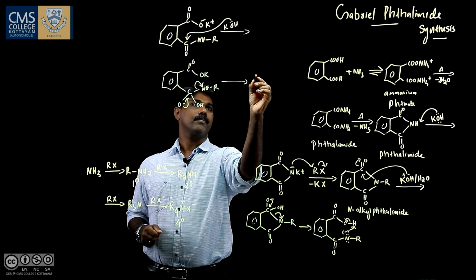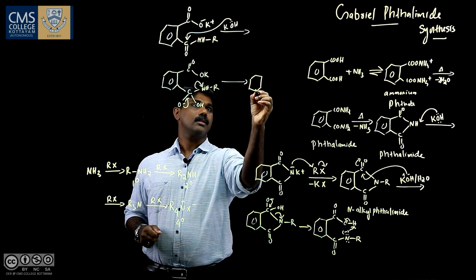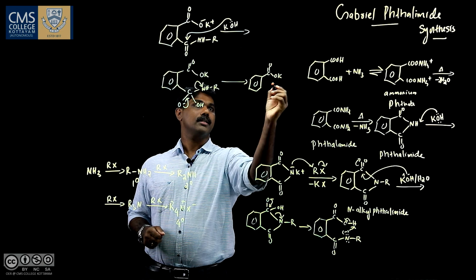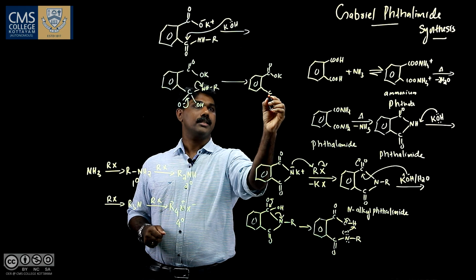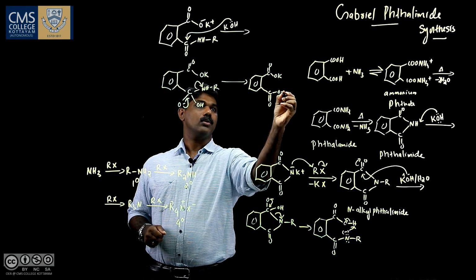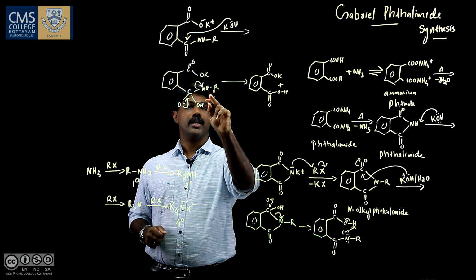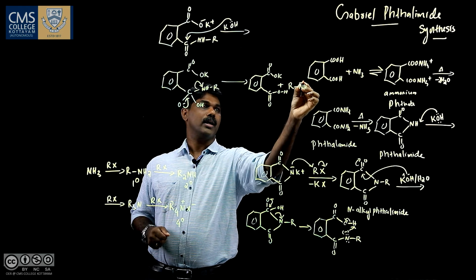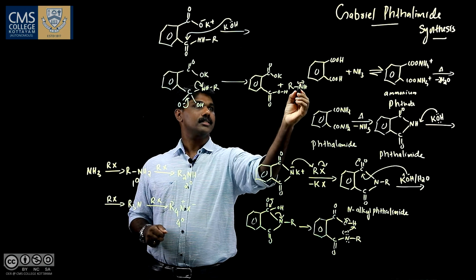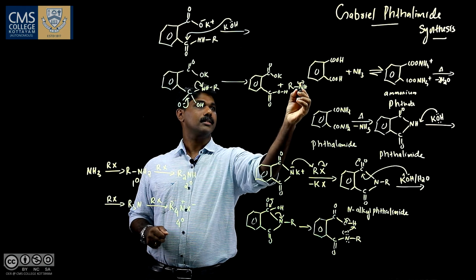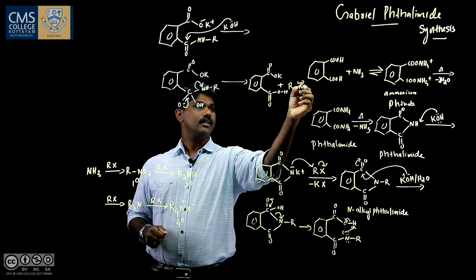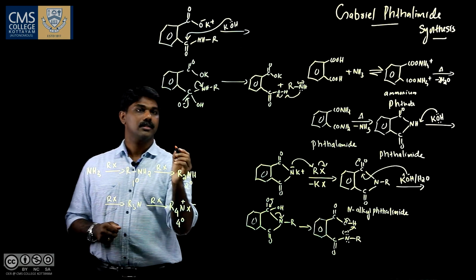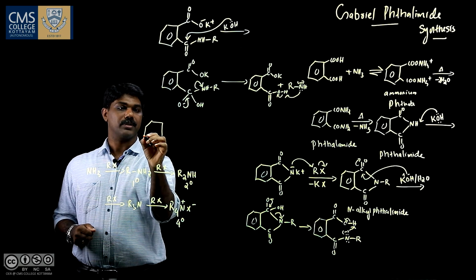So we get C double bond O, OK, then C double bond O, OH, plus we have RNH minus. This RNH minus abstracts a proton from here to form the primary amine.